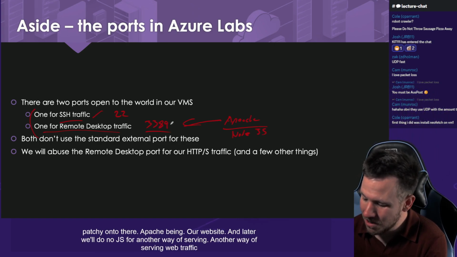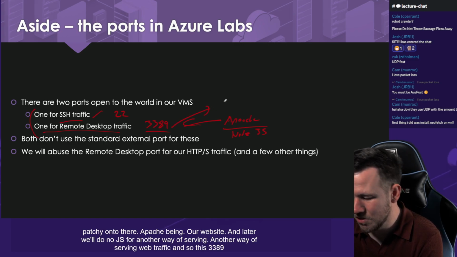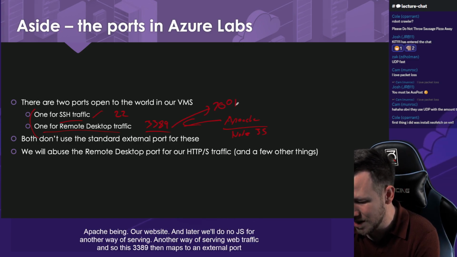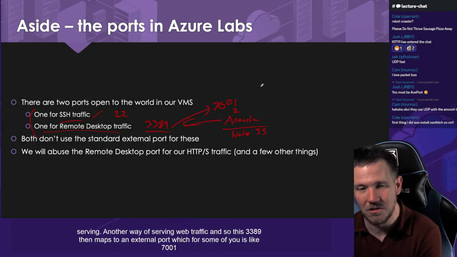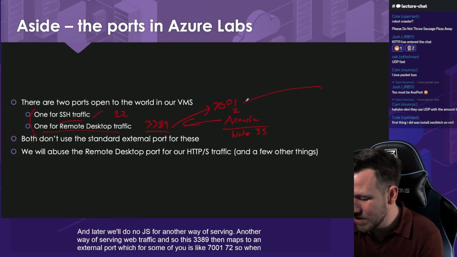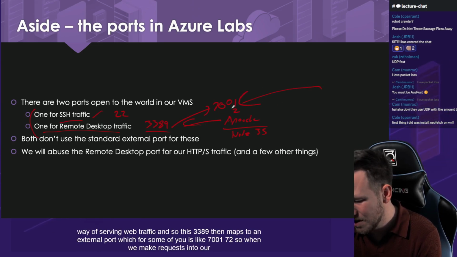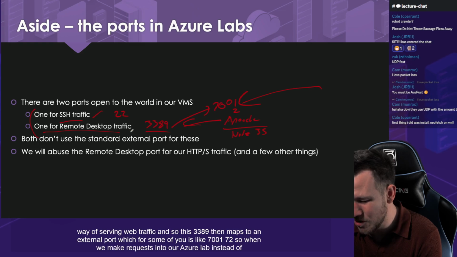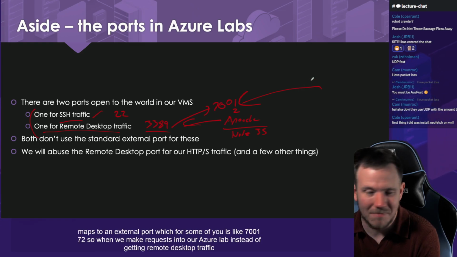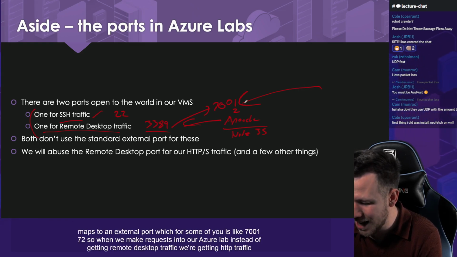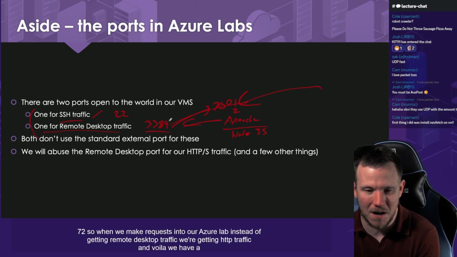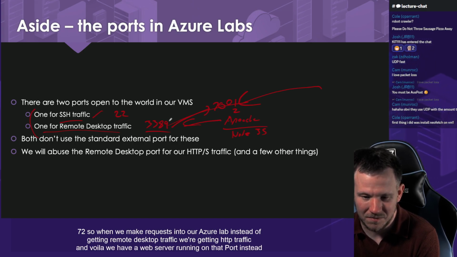And so this 3389 then maps to an external port, which for some of you is like 7001, 7002. So when we make requests into our Azure lab, instead of getting remote desktop traffic, we're getting HTTP traffic, and voila, we have a web server running on that port instead.